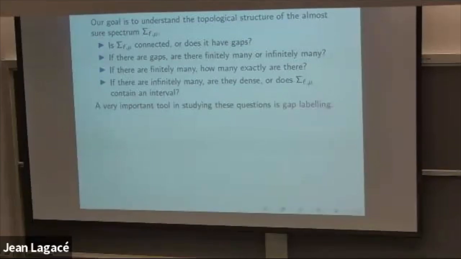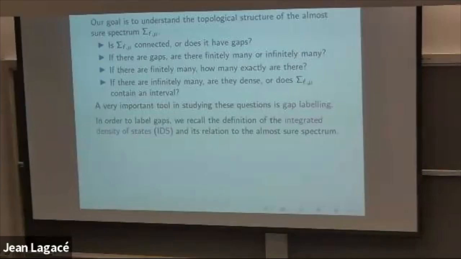All these questions pose themselves once you have the almost sure spectrum and you're interested in its topological structure, its gap structure. These questions naturally lead you to gap labeling, because that's really the best tool that we have in this general context to study them.